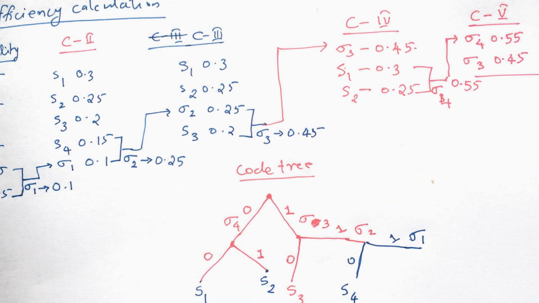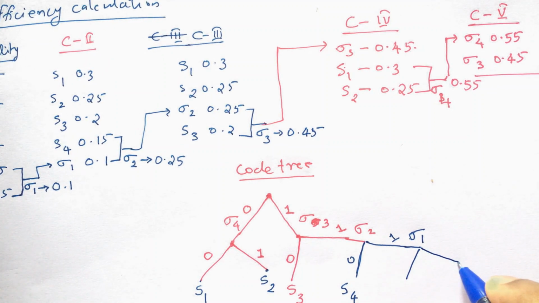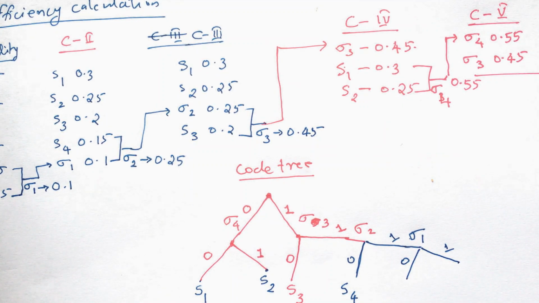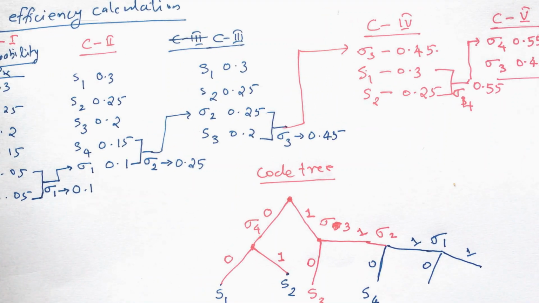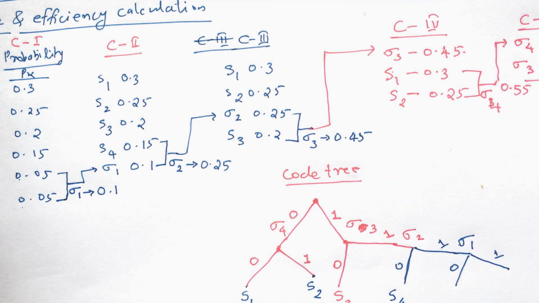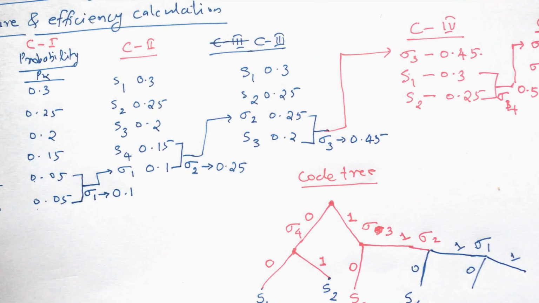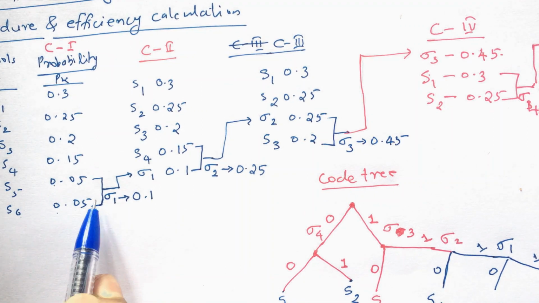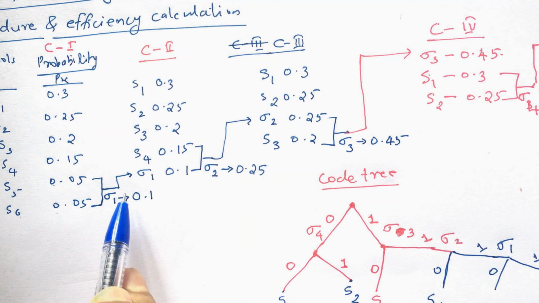Here we have got S4, so the branch is terminated. We need to branch sigma 1 again, assigning 0 and 1. Then go to the step where we generated sigma 1. In the first column we generated sigma 1 from S5 and S6; we combined them and got sigma 1.